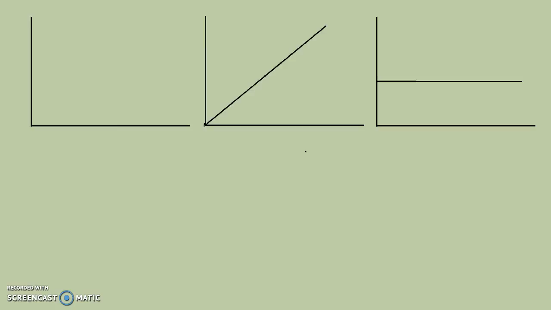And to go with that, in a position graph, that might look something like, let's see if I can do better. So it'd be parabolic. It'd be quadratic. Okay, so this would be position, velocity, and acceleration.